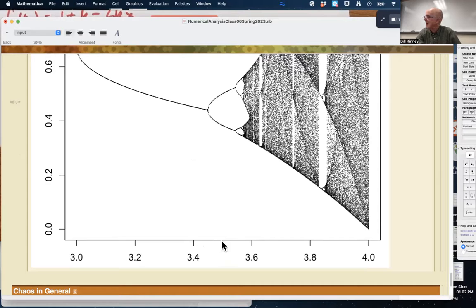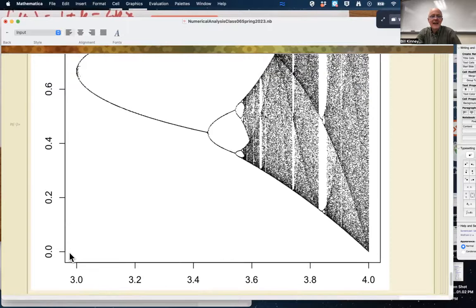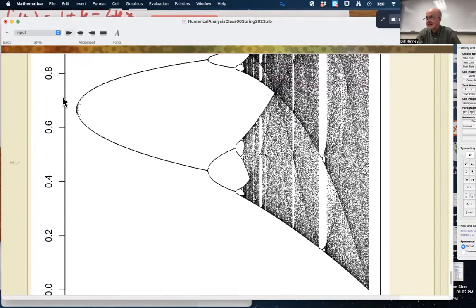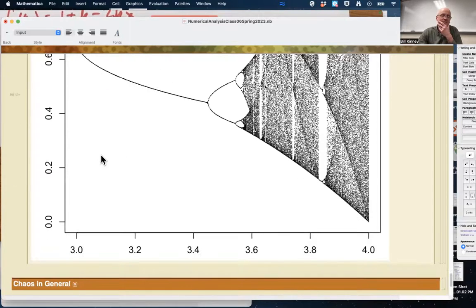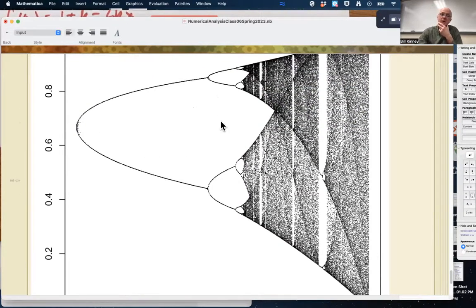We're seeing, again, the k-axis horizontal. And this is effectively the x-axis here. When k is small, okay, it's not our particular example. Sorry, this is the logistic map example, mu. If mu were less than 3, we'd see only one curve representing one fixed point that's bigger than 0.